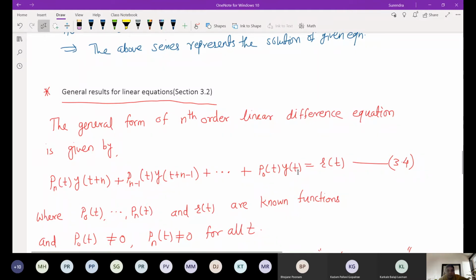T plus n minus t. So nth order here. Since they are non-zero, my order is t plus n minus t. Highest order argument is t plus n. Lowest order argument of y is t. So t plus n minus t is nothing but n. Nth order.